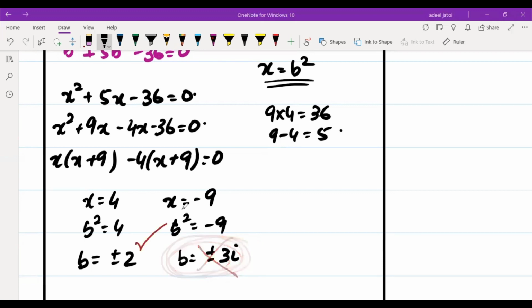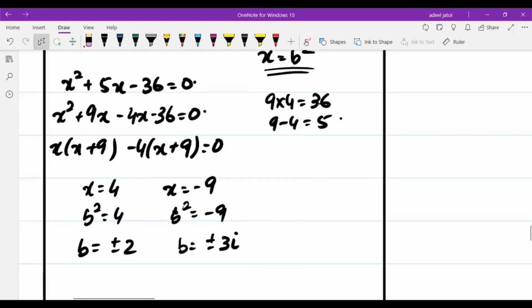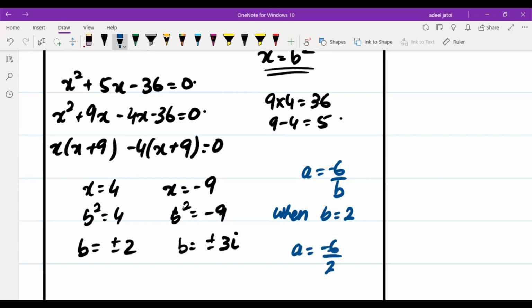As I said, solving this would be lengthy, so we will only be taking the real values to get the values of a. Now we know that the value of a that we took was minus 6 upon b. When b is equal to 2, a will be minus 6 upon 2. So a becomes minus 3.